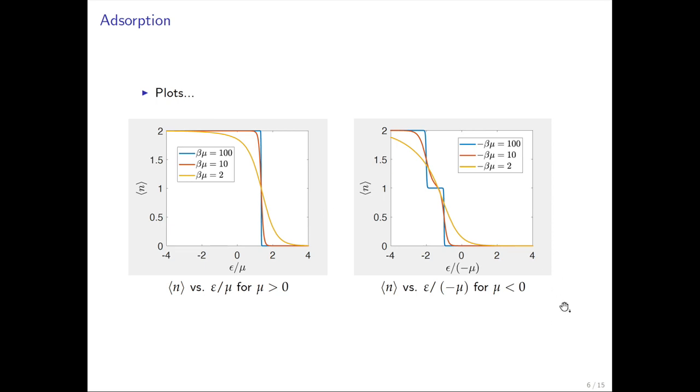And once again, you see at very, very low temperatures, so this magnitude of beta mu very, very large, we have a step function, but it's kind of interesting in this case because we go from 2 to 1 and then 0. And then, of course, as we raise the temperature, this broadens out the step. But even at minus beta mu equal to 10, you can still see a little bit of a step feature in this orange curve.